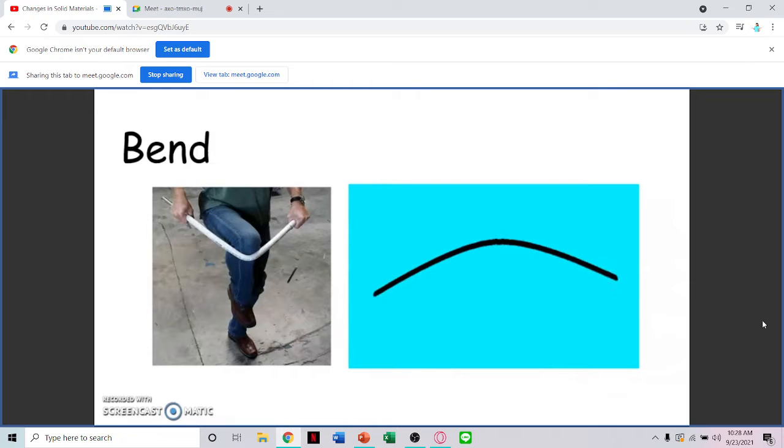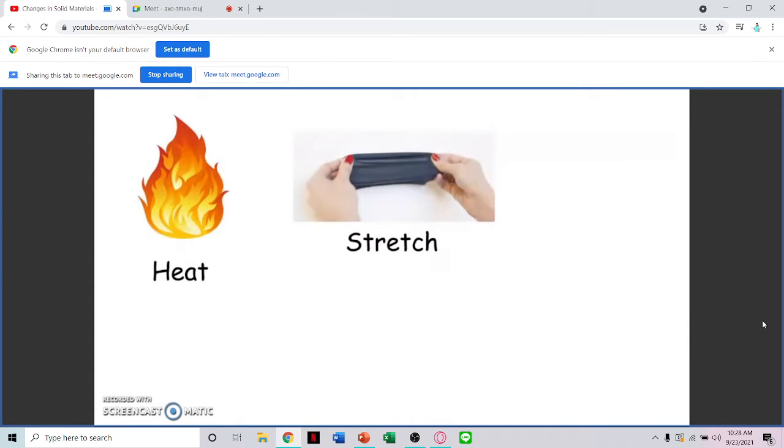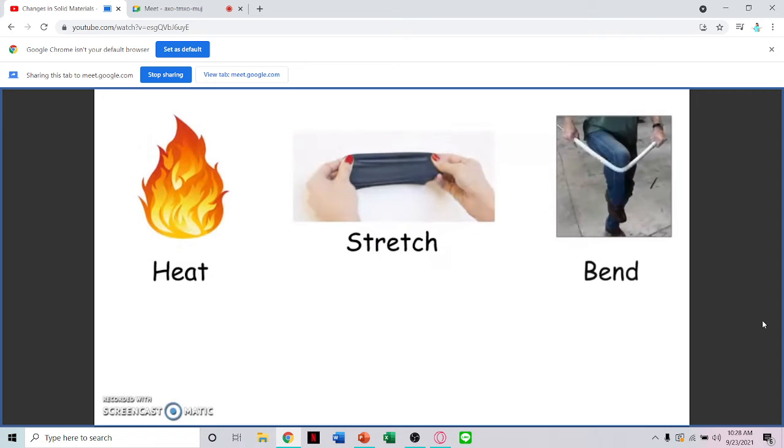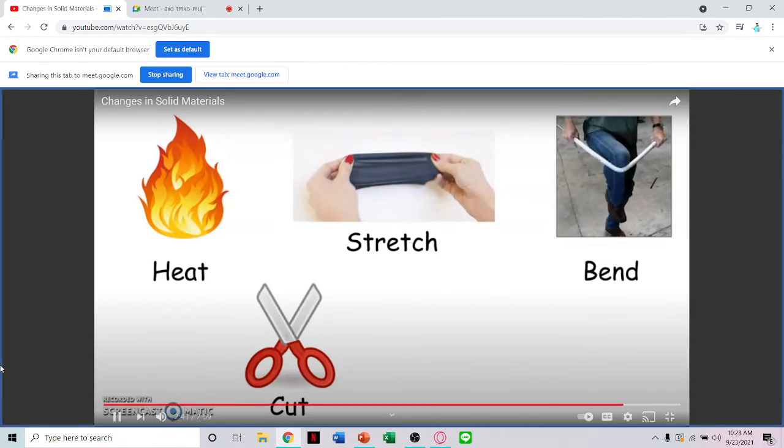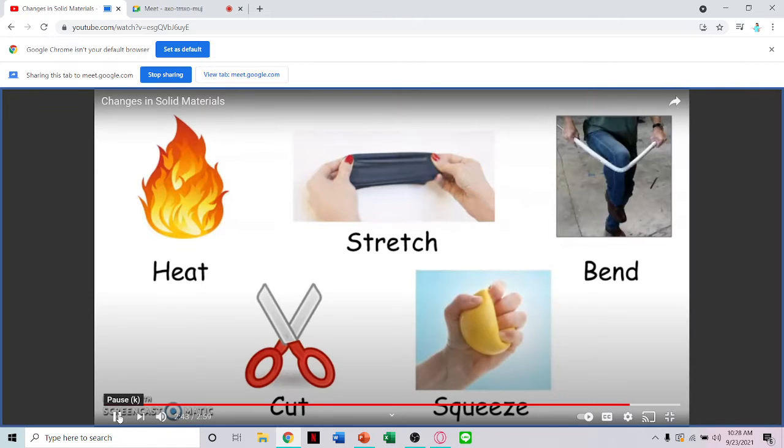Lastly, we can bend solids and give them a different shape. So solid materials can change shape. We can heat solids, stretch solids, bend solids, cut solids, or squeeze solids to make new shapes.